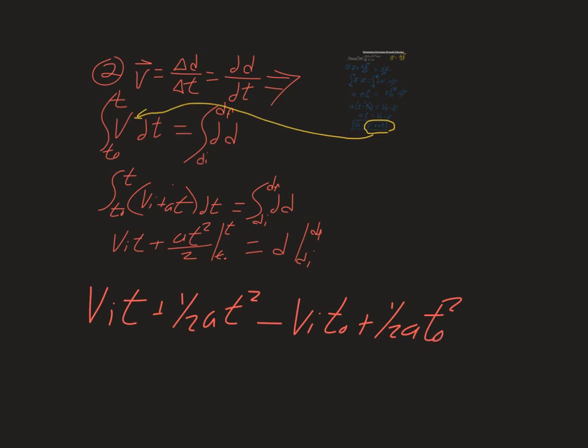But look, we're in luck because we know that even after we finish writing this, d final minus d initial, we know that all of this, t naught, is equal to 0. So that cancels out all of that term, right?